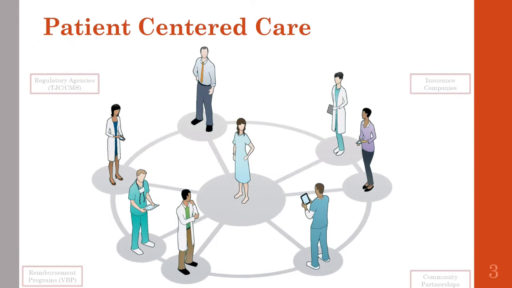So the first is about patient-centered care, and I always like to say that we've been talking about patient-centered care for a long time. It's not a new concept, but many organizations didn't deploy a true patient-centered care model, even though it was known to be best practice. And that is really because it wasn't tied to reimbursement. It was a good idea, it's a nice idea, but gosh, it takes a lot of effort.